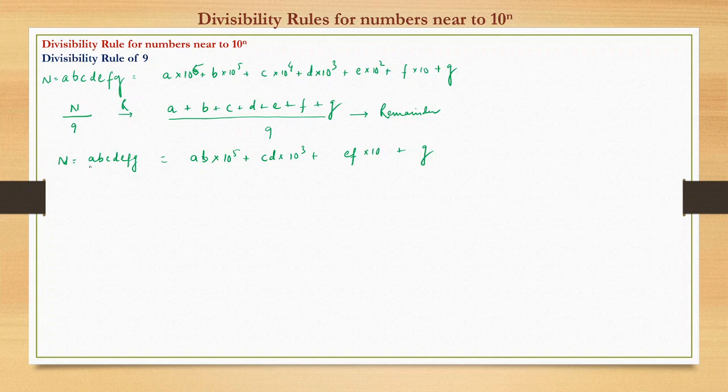I have taken two digits at a time, and accordingly the powers of 10 have adjusted. If I want to divide this expansion by 9, what will be the remainder? The remainder would be AB plus CD plus EF plus G, by 9.